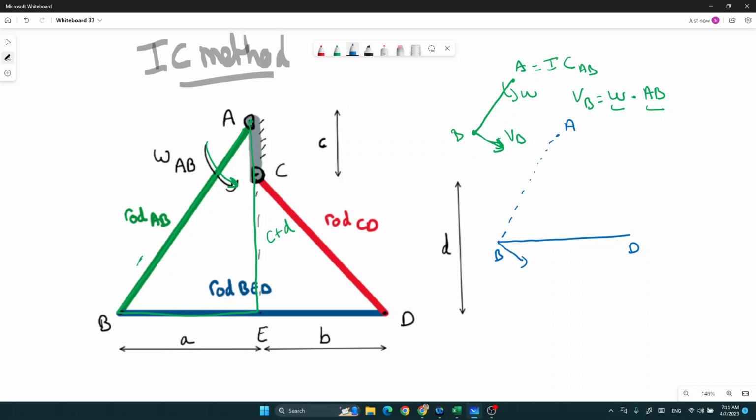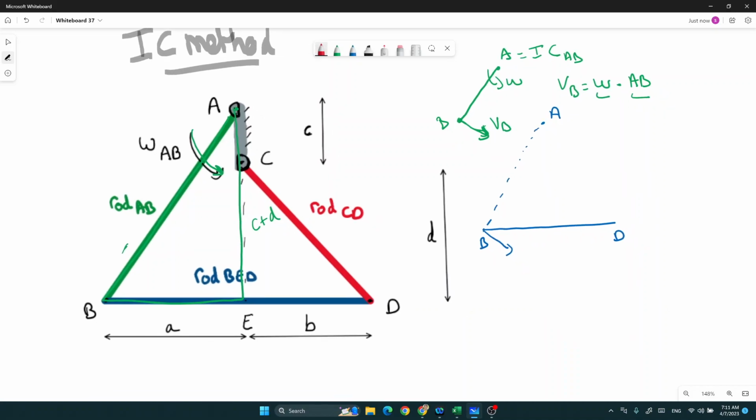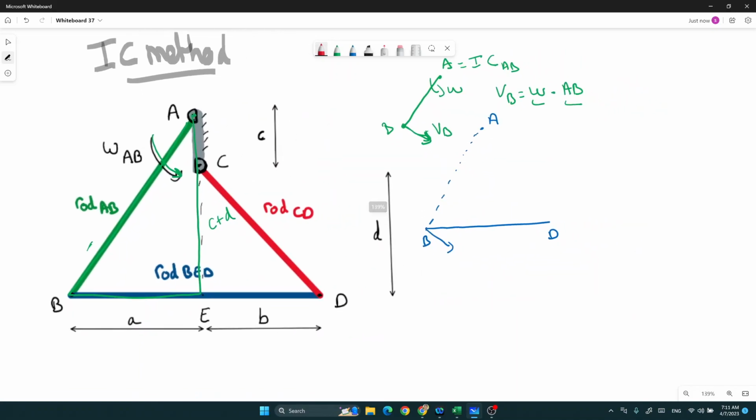If we look at the road CD, let's draw the road CD on the bottom. So we have the three together. We have the road CD like this, and we know that C is a fixed point. So C is the IC of the road CD. So the velocity will go to the right, turn in that direction, because everything turned counterclockwise in the positive directions.